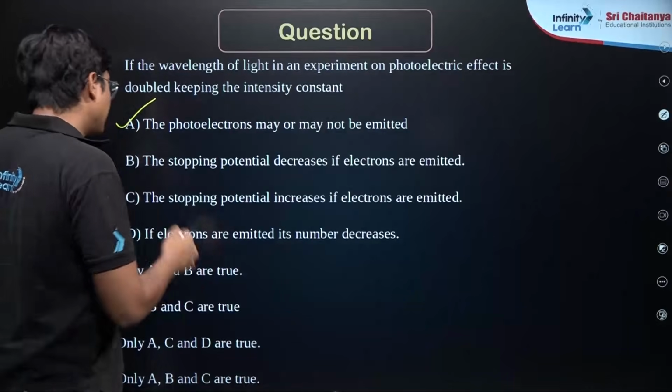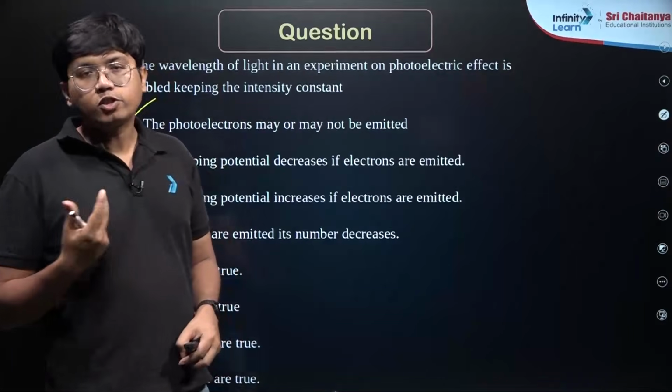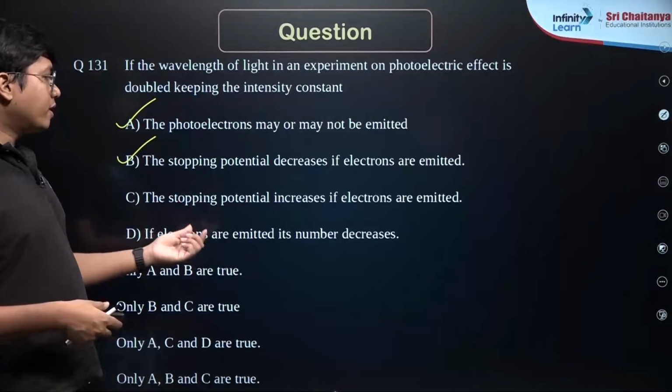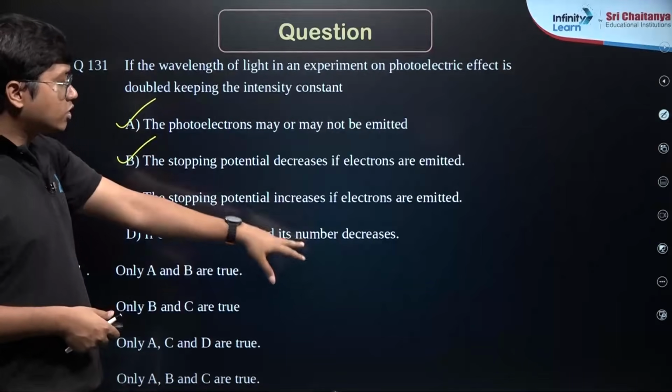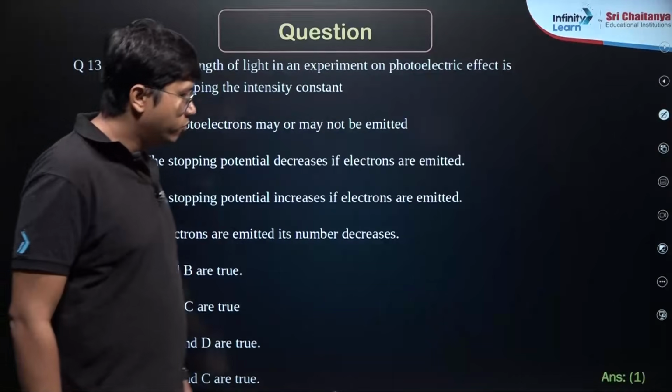Stopping potential decreases, yes, because if I give less energy and if electrons are coming out, they'll have lesser energy. So stopping potential would be low. Stopping potential increases, nope. Electrons emitted number increases, no. That only depends on intensity. Intensity constant, so number of electrons is constant. It is A and B are true. Option 1.